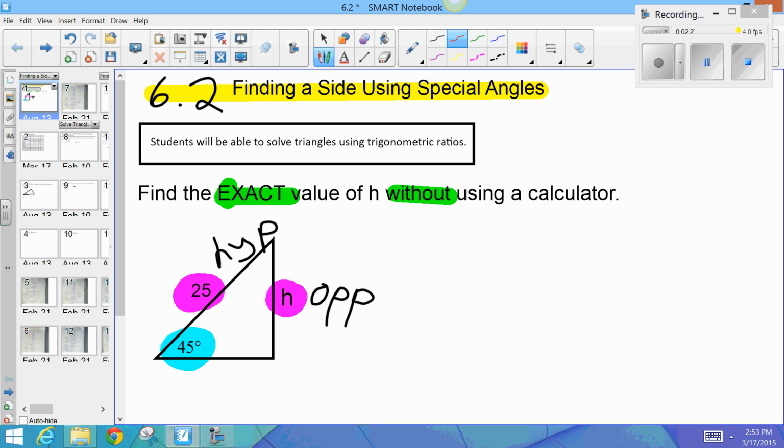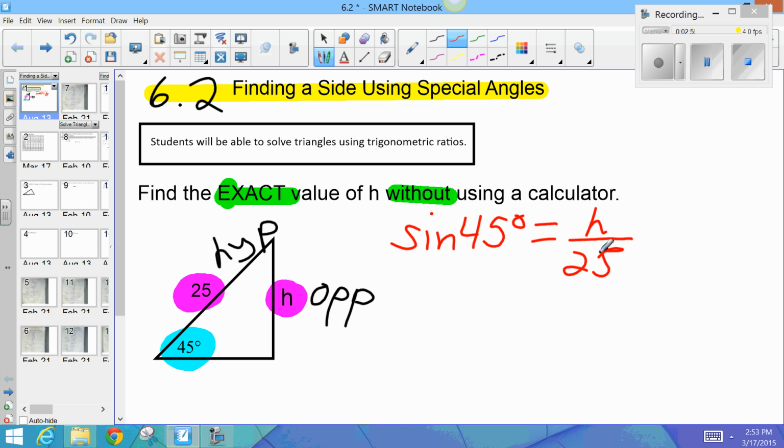So which trig ratio is opposite divided by hypotenuse? Well, that's sine. I have to have those memorized. So if you don't have those memorized, memorize them. Opposite over hypotenuse is a sine function. So I'm going to write the sine of 45 degrees equals h, that's the opposite, over 25.